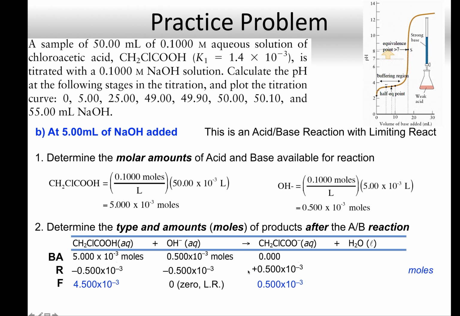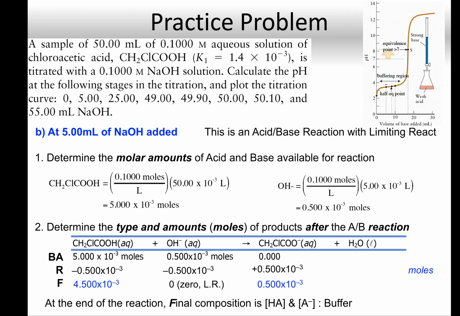At the end of the reaction, this goes to 0, limiting reactant, and the final amount is what you have at the beginning minus whatever reacted, in this case 4.5 millimoles. For this one, you didn't have anything at the beginning, you produced 0.5, the total amount at the end of the reaction, 0.5 millimoles.